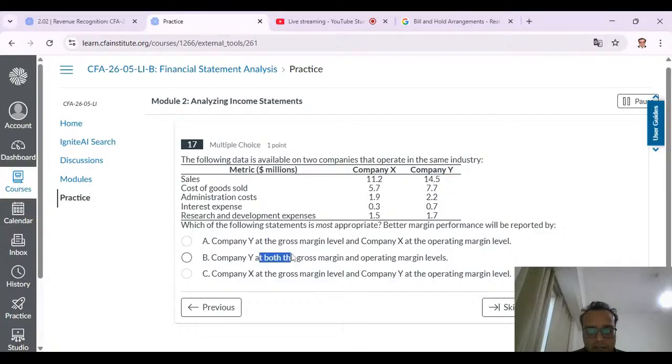Company Y in better margin performance, company X confirm.